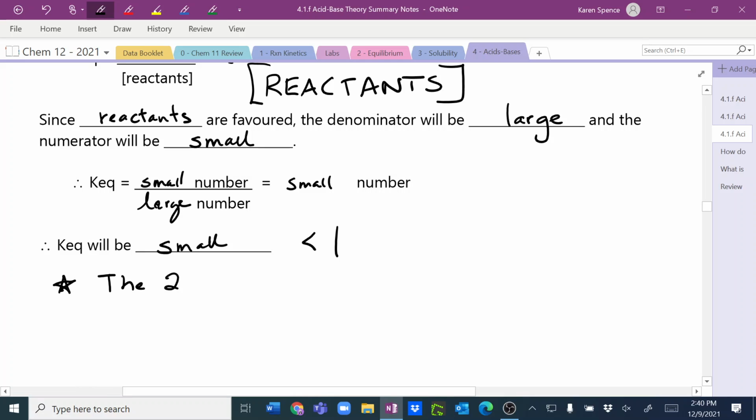The two stronger species, stronger acid and the stronger base, will always be on the same side.